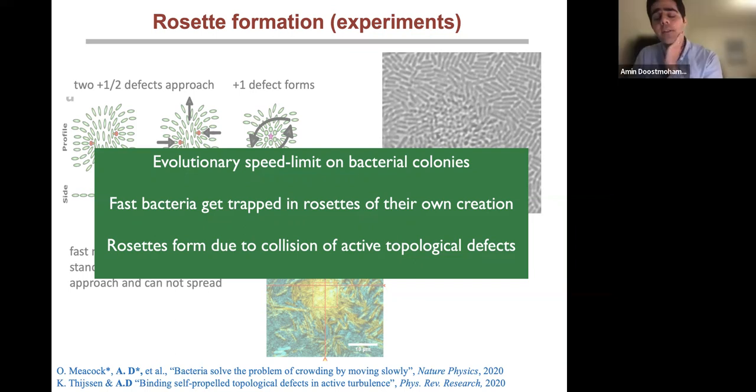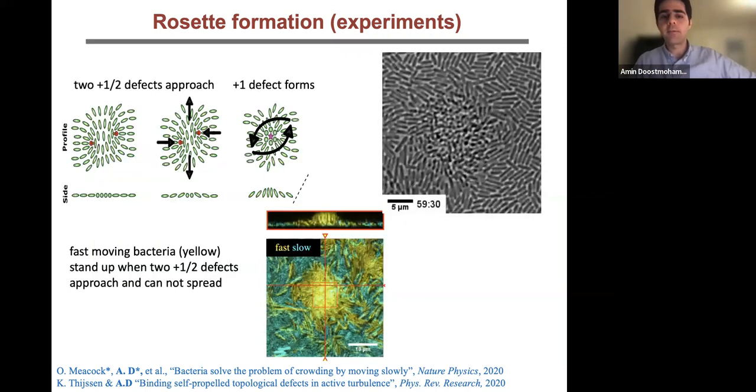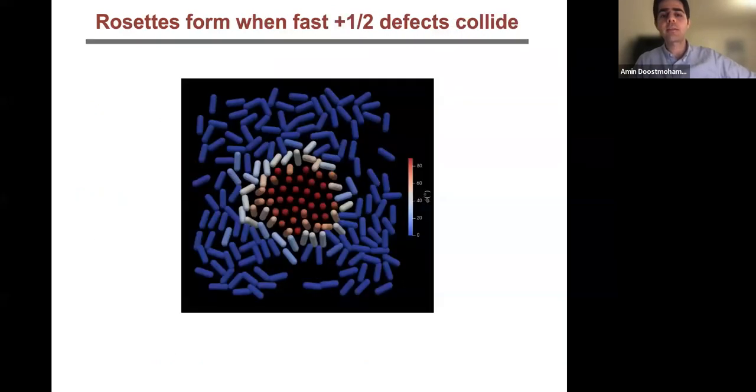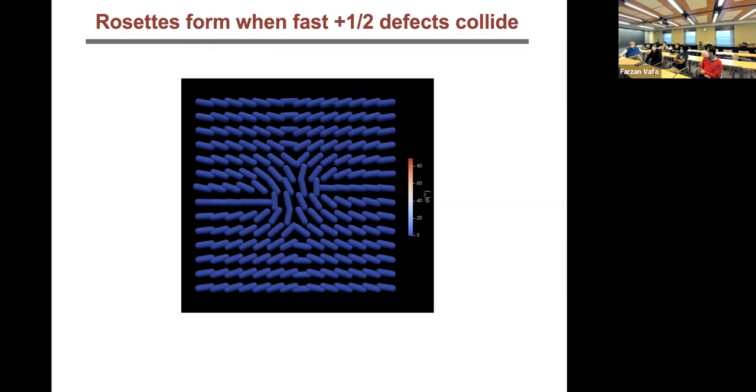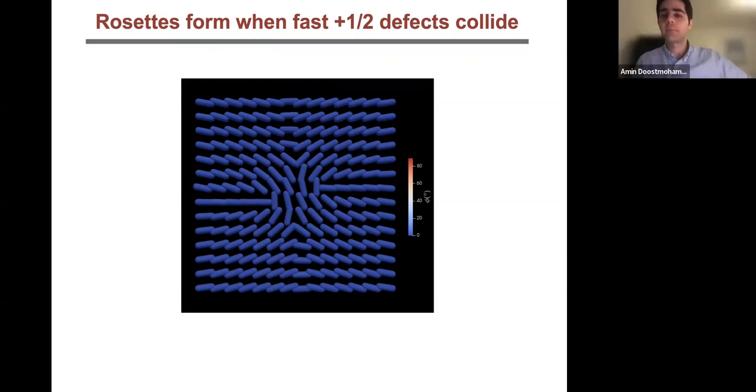Yeah, so that's exactly what happens in the wild type or with the slower velocities: the two defects cannot really come close and they have a repulsion, so they rotate around each other and move past each other. That's why if we do these simulations with slow moving ones, they actually move past each other. So is there a threshold velocity? There is indeed a force threshold that results in this behavior.